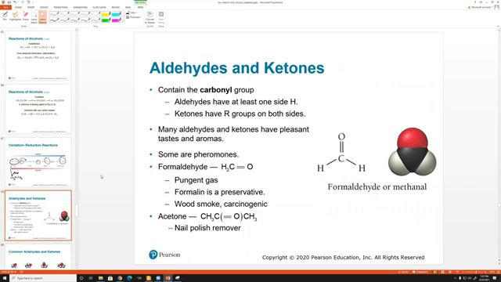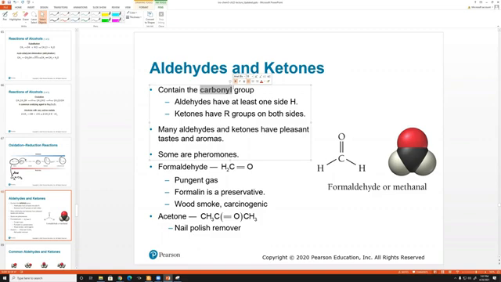So that umbrella term, carbonyl, is pronounced differently by some of my colleagues. I think my advisor says it one way, I like the other better. Whatever, say as you wish. So the carbonyl group is just the C double bond O. That's all it is.